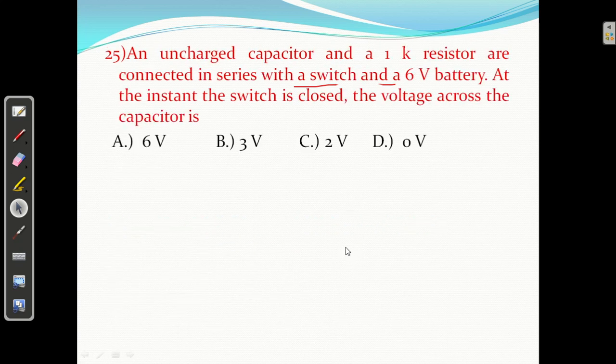25. An uncharged capacitor and a 1 kilo ohm resistor are connected in series with a switch and 6-volt battery. So please see here, this is the 6-volt battery and capacitor.